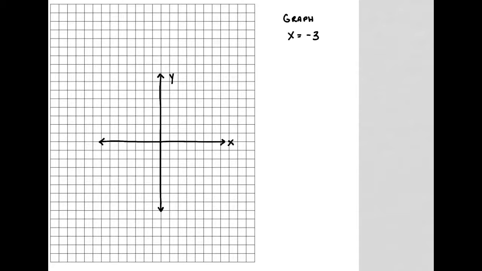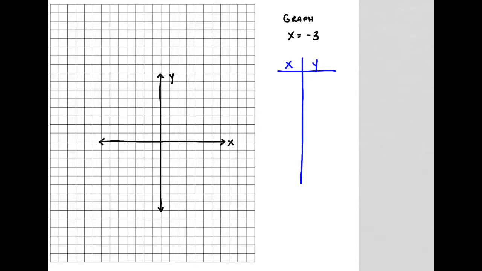Again, if we were to create a table of values, here's my x, here's my y, even though I don't see a y. Remember, we do need to have a cause and effect. We need an input and an output. So maybe take a moment and think, how might this one be similar to the problem that we just looked at? Keeping in mind that last time it was y equals something, and this time this one is x equals something.